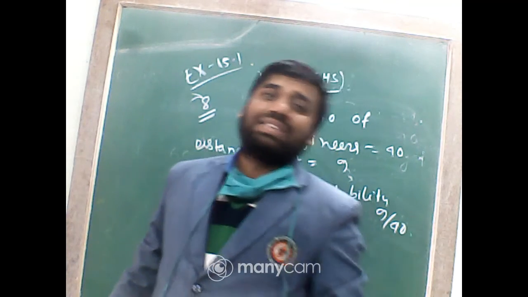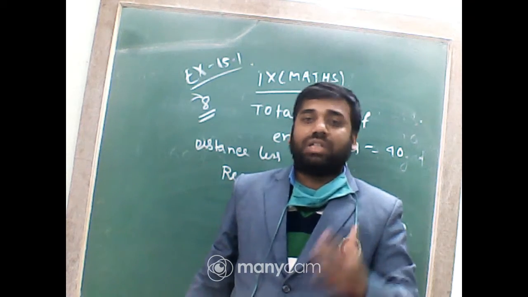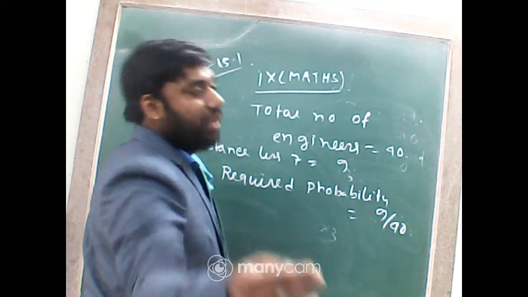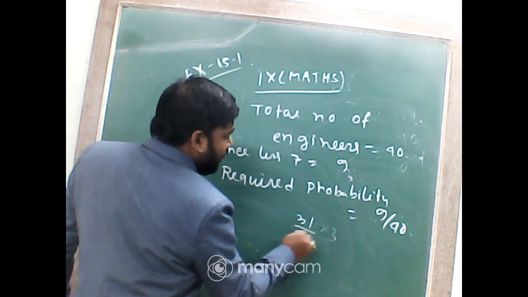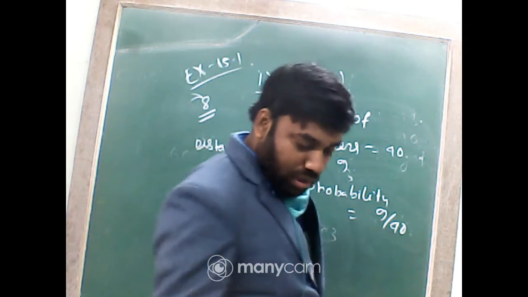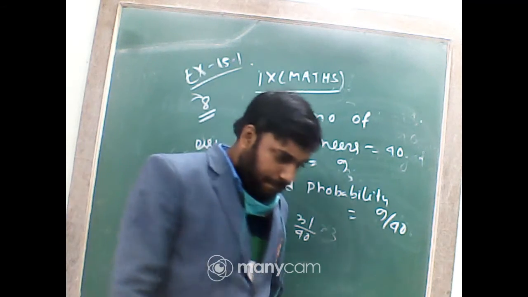So 40 minus 9, that is 31. So required probability is 31 by 40. Got it, everyone? Yes or no? Quickly answer it. Okay, very good.